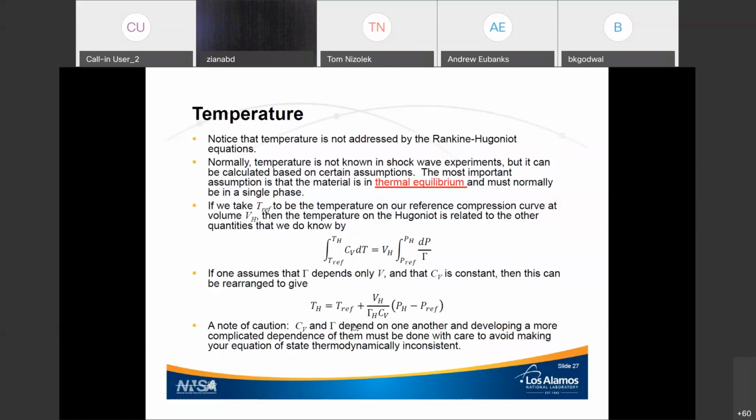That's why when you read pretty much any paper about shock waves where temperature is included, you're going to find that gamma is assumed to be constant at a given volume. It only has a volume dependence, and the specific heat is very often either assumed constant or has a simple volume dependence.